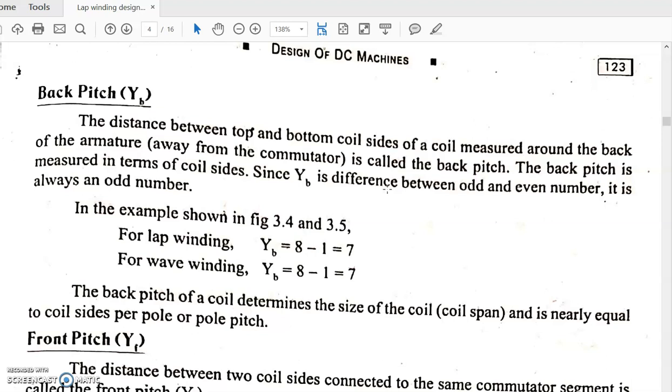Suppose top coil sides are numbered in odd numbers, bottom coil sides will be numbered in even numbers. You can make it reverse also, but the usual convention is top coil sides in odd numbers and bottom coil sides in even numbers. So the difference between an odd number and an even number will always be an odd number, so the back pitch will always be an odd number.